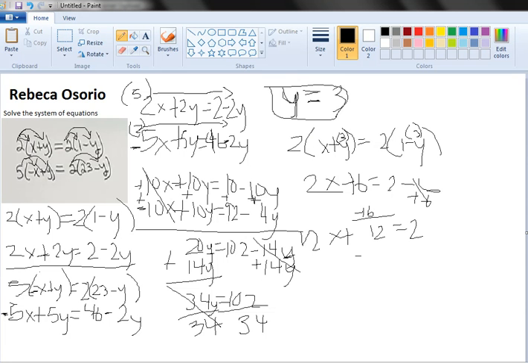We use one of the original system of equations and plug in the 3 for y. So we do the same as distributing. Distribute the 2 would be 2x, and then 2 times 3 is 6. And then on the other side of the equal sign, 2 times 1 is 2, and 2 times negative 3 is negative 6.